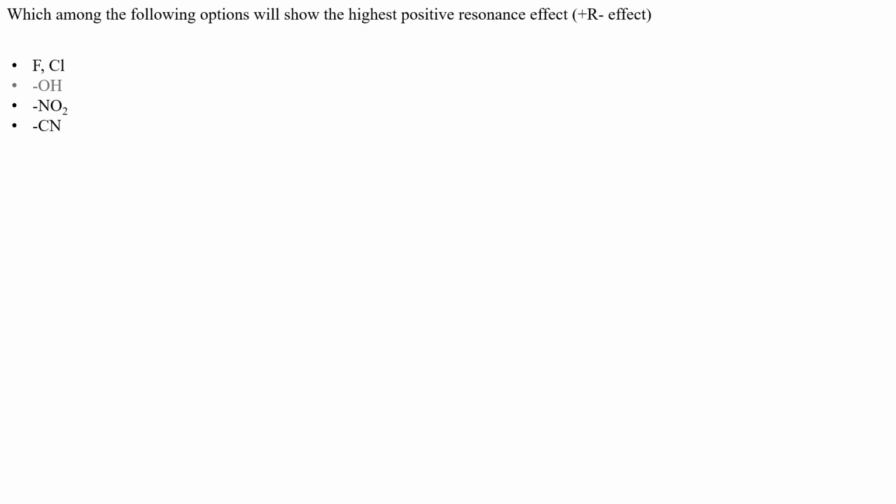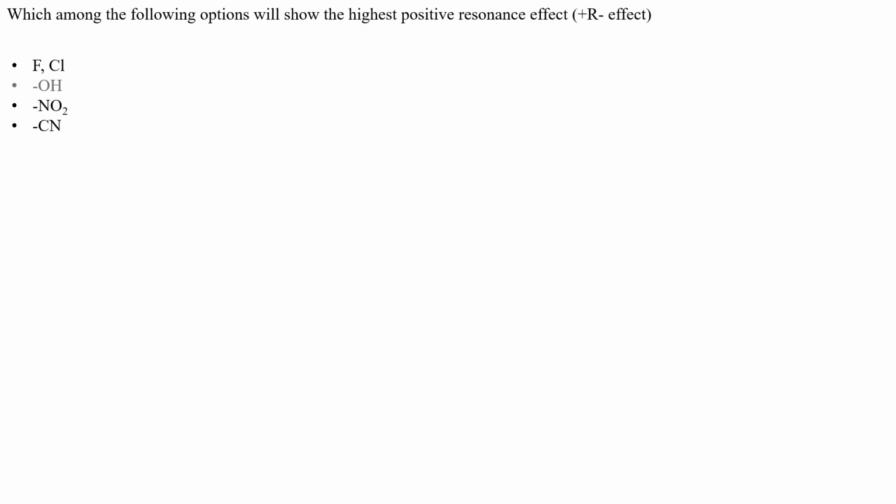So among these, which will show the highest positive resonance effect? There is a particular order for the resonance of the species, and we can clearly see here that fluorine and chlorine have been shown without any lone pair or negative charge. Here we can see that OH minus, NO2 negative, and CN are the ones shown.